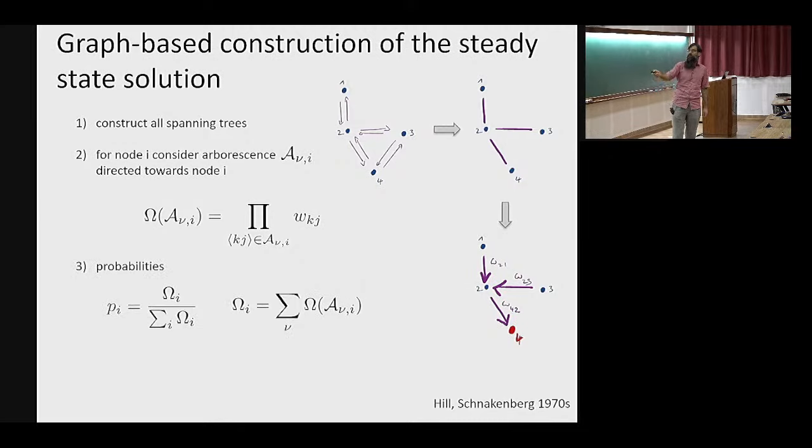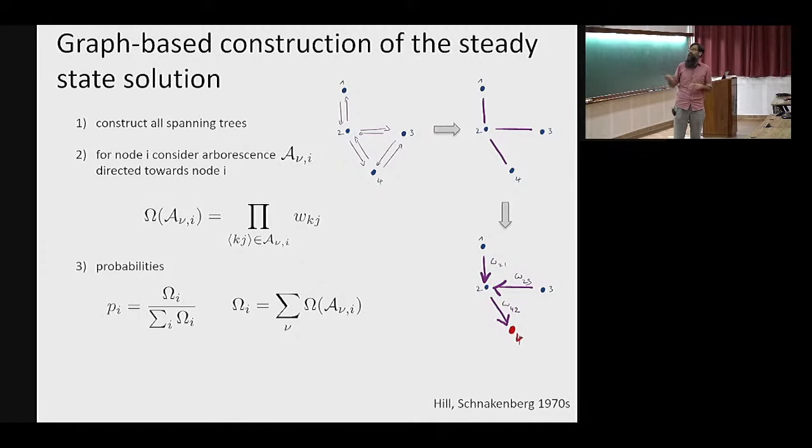So this omega, I now sum up over all the possible spanning trees. Then I get an omega that has only one index, i. And if I normalize this by summing also over the index i, then I get the probabilities of the states in the steady state of my stochastic dynamics.